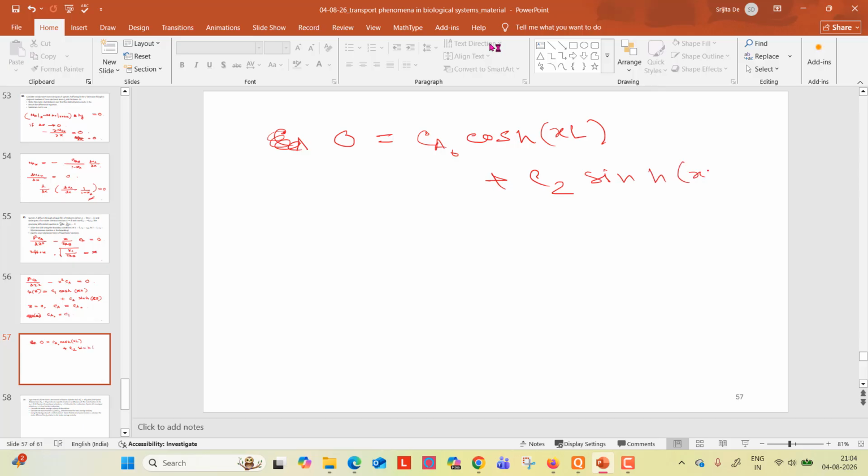Now C2 can be defined as C2 equals minus Ca0 cosh(kL) by sinh(kL). Okay.